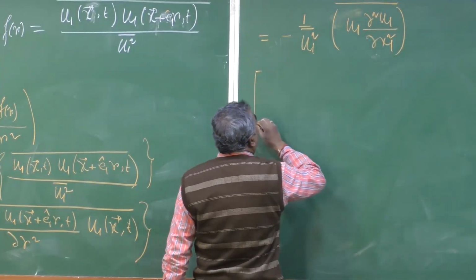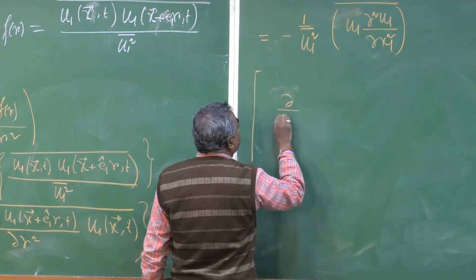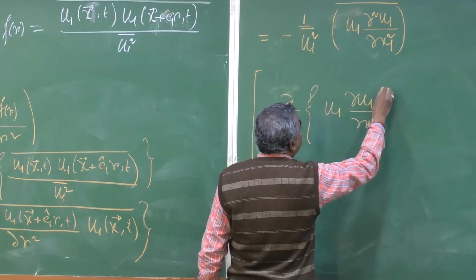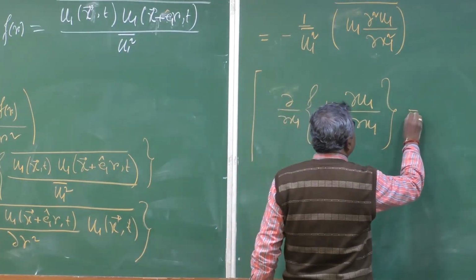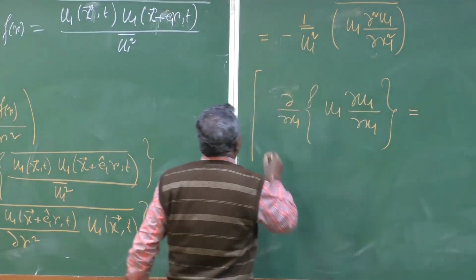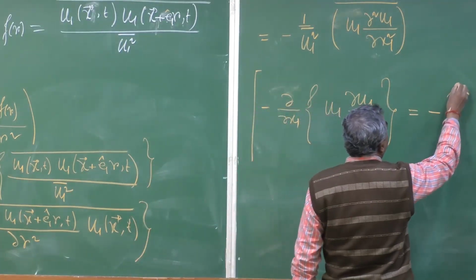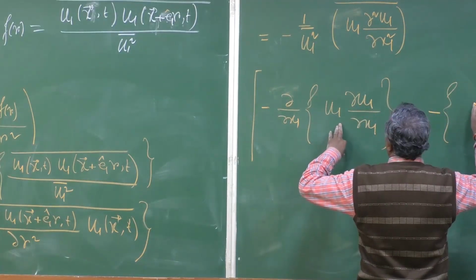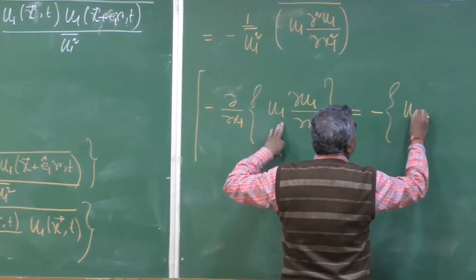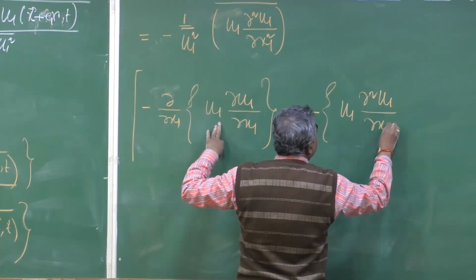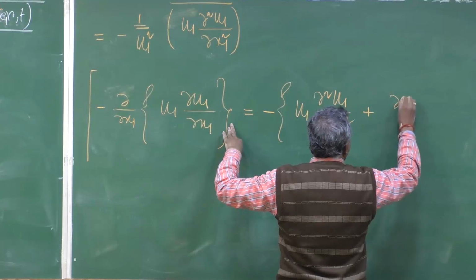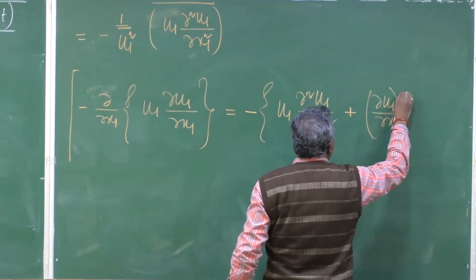Now, you see, now if we find this quantity x 1 u 1 del u 1 del x 1, this can be written as, you see, so minus of this can be written as minus u 1 del 2 u 1 del x 1 2 plus del u 1 del x 1 square.